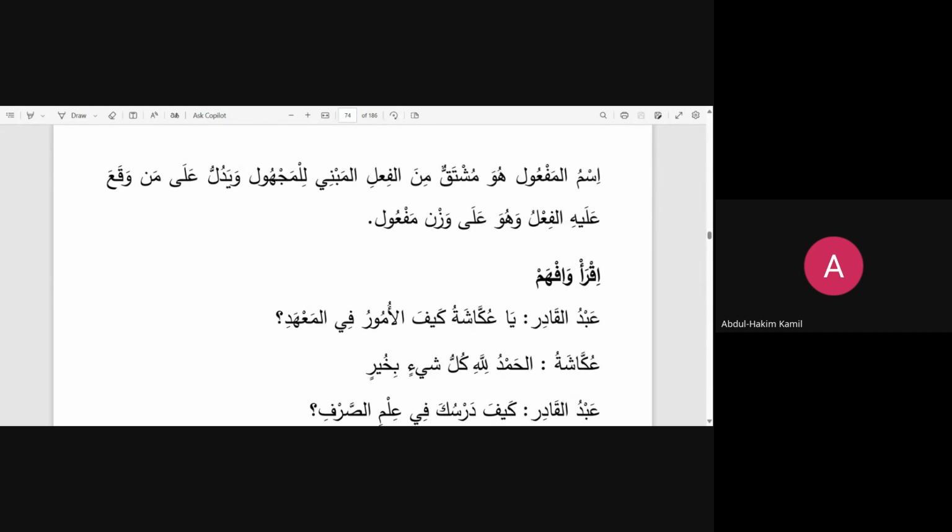Alhamdulillah, kullu shay'in bikhayr. But Mahad is different from Markaz. Mahad is like an institute. You can use the word center, but it has a different meaning.